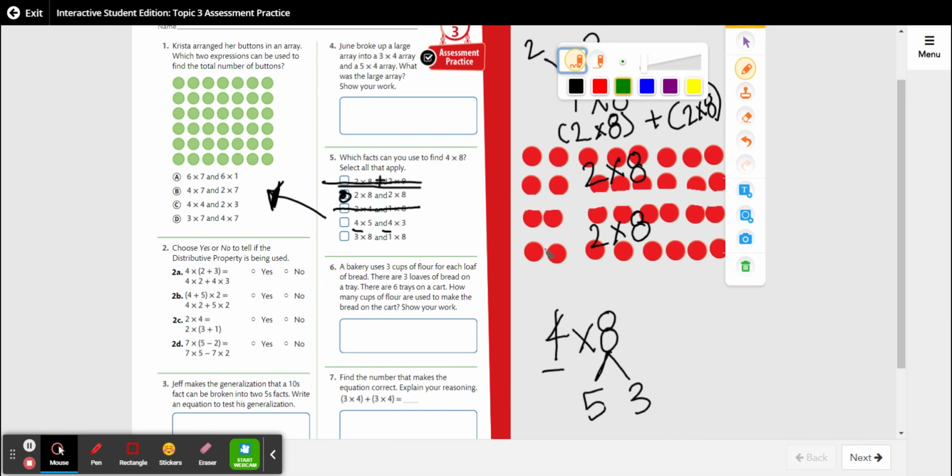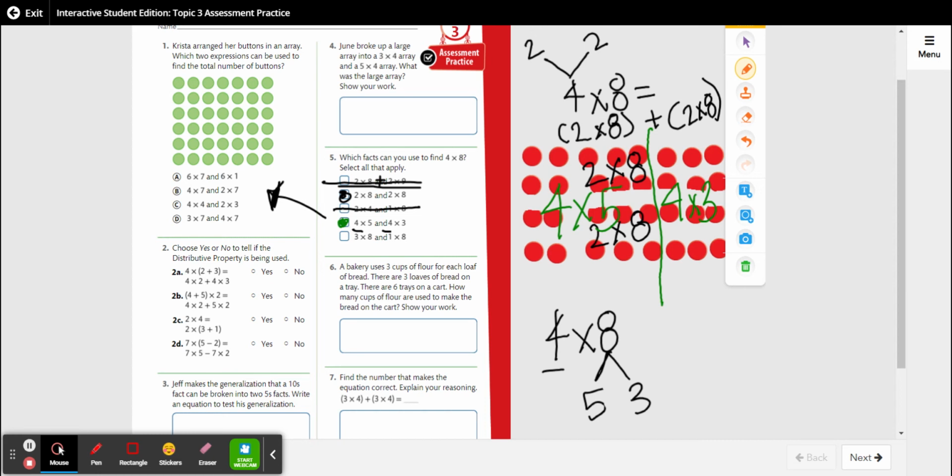So 1, 2, 3, 4. 1, 2, 3, 4, 5. And I'm going to draw a line right here. So this expression on this side is 4 times 5. And this expression on this side is 4 times 3. Does that work? Yes, it totally works. Yay. So we're going to say that this one is also correct.